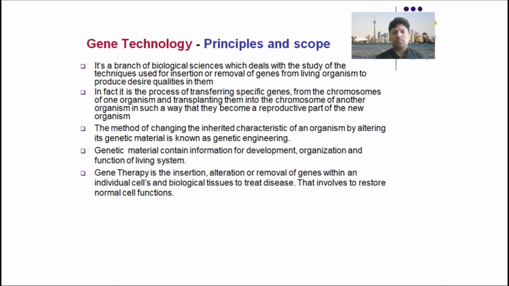In fact, it is a process of transferring a specific gene from the chromosome of an organism and transplanting it into the chromosome of another organism in such a way that it becomes a reproductive part of the organism. The method of changing inherited characters of an organism by altering its genetic material is known as genetic engineering. Genetic material contains information for development, organization, and the function of living systems.